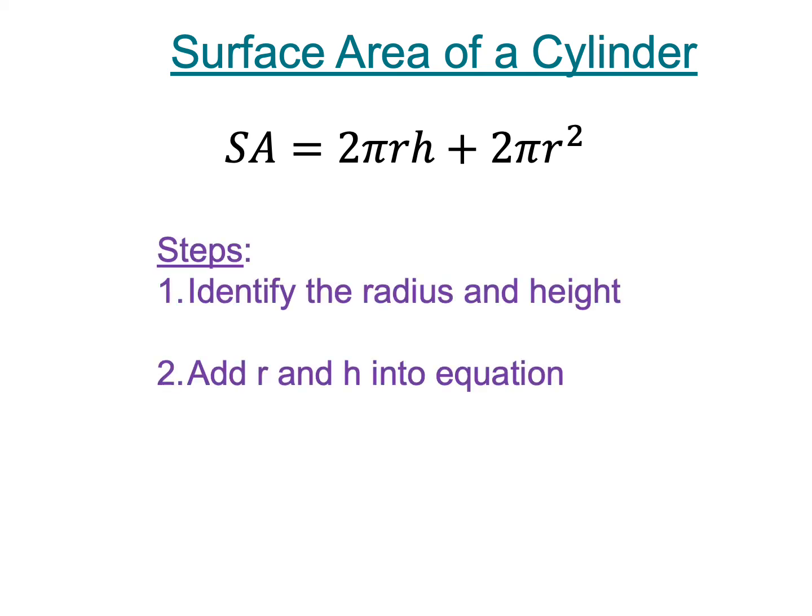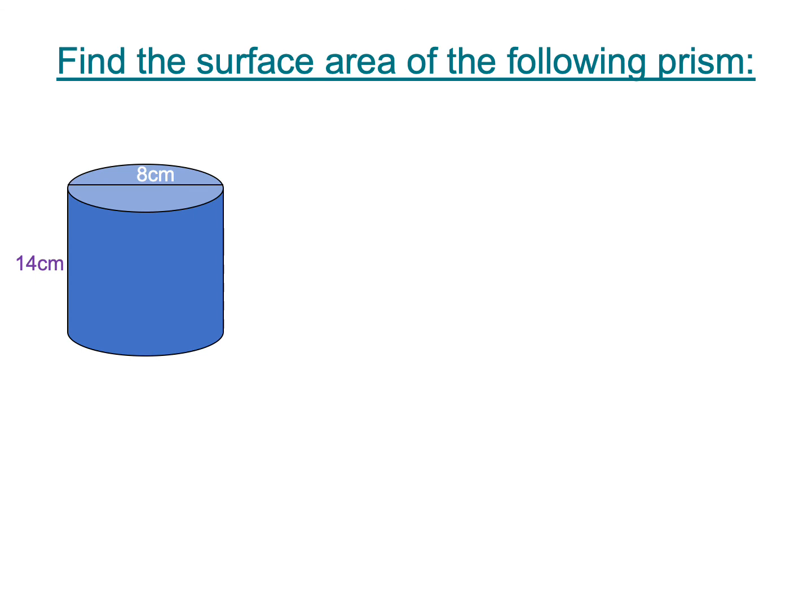We need to identify the radius and the height of our cylinder, and then put the r and the h, the radius and the height, into our equation and solve. So here we've got a cylinder that is 8 centimeters across, that's its diameter, and 14 centimeters tall.